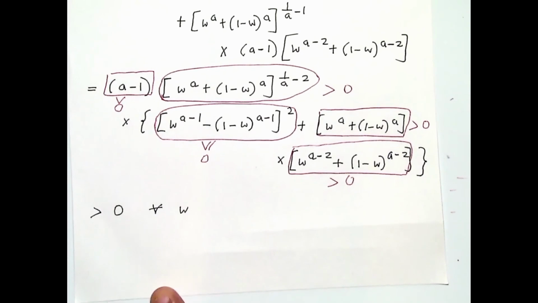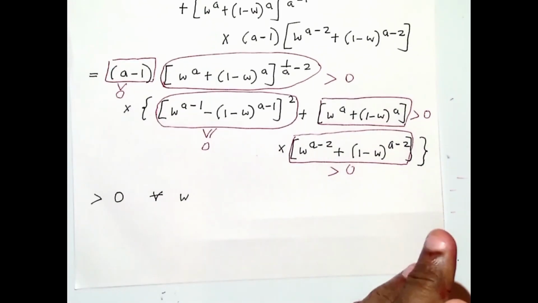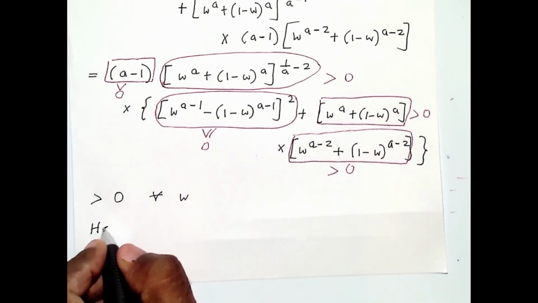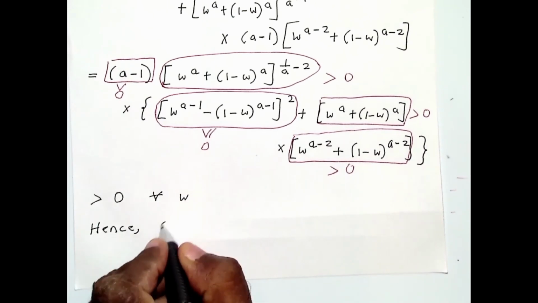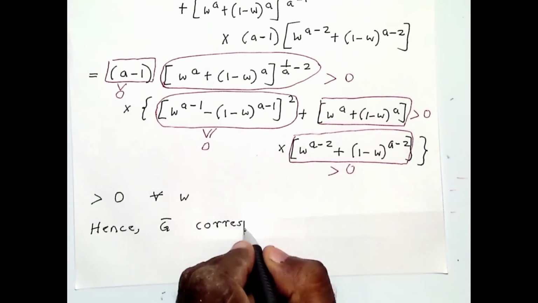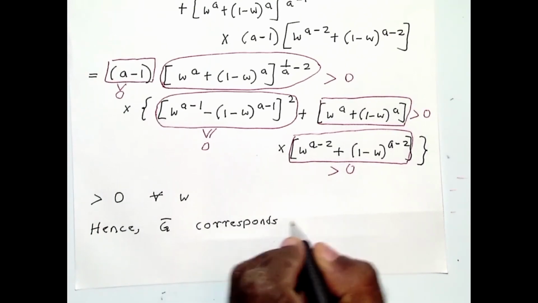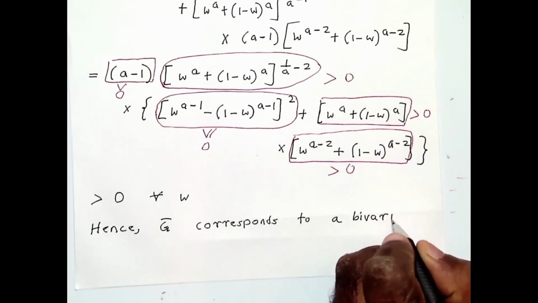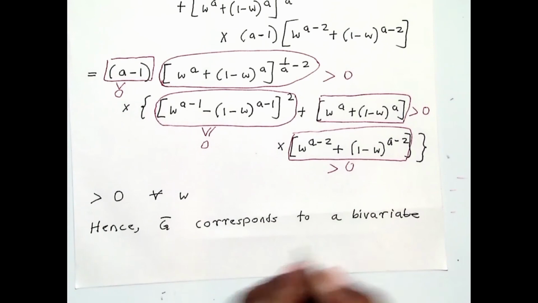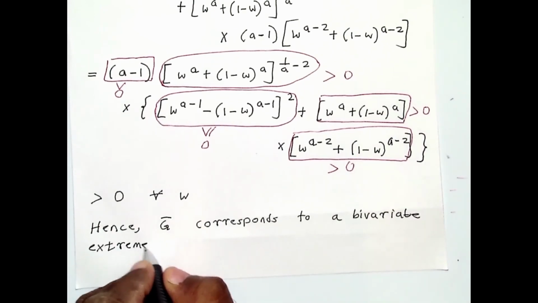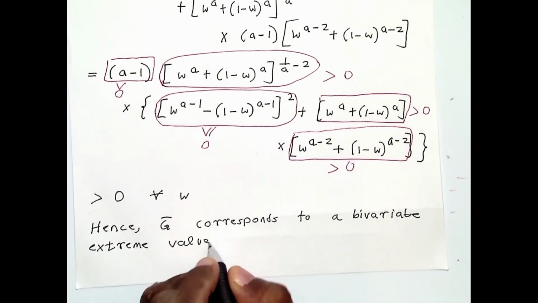So hence, we have proved all 4 conditions that must be satisfied by the function A. So hence, the conclusion is that G bar corresponds to a bivariate extreme value distribution.